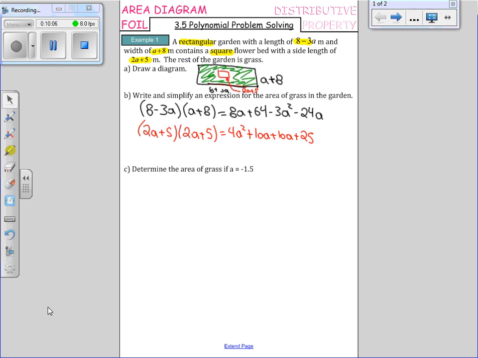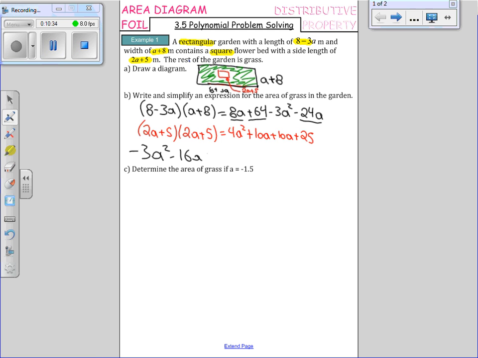Okay. Take the top one. Subtract the bottom one. How many a squareds are you going to have? So you're going negative 3a squared. We're going to collect that term and that term and give you minus 16a. It's plus 64.